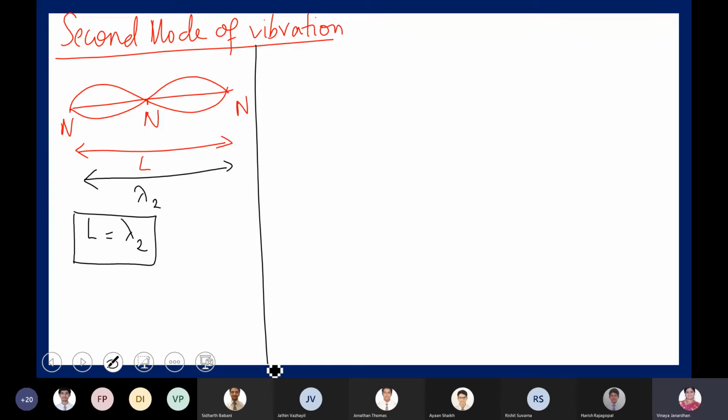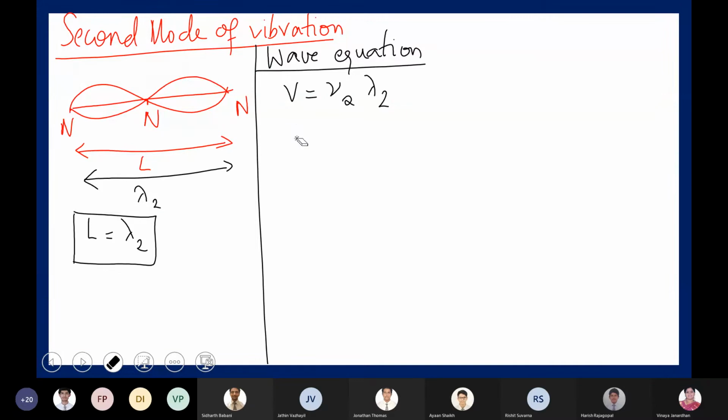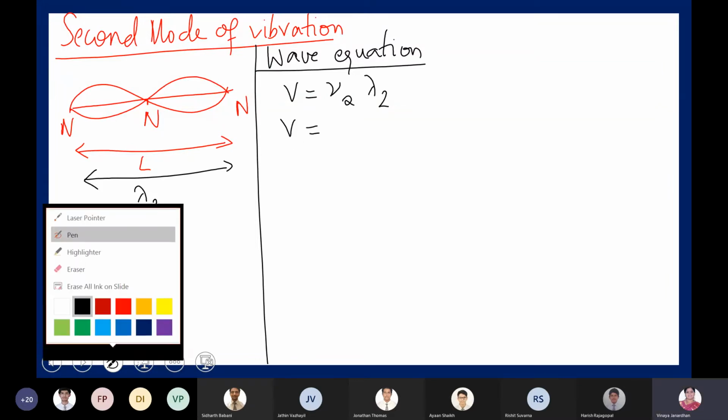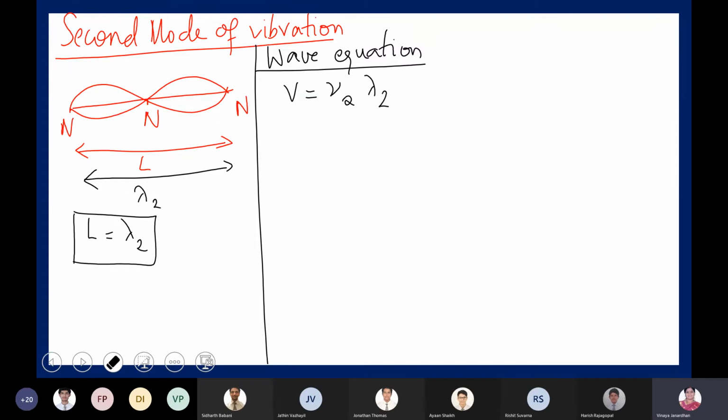So, okay, fine. What is the wave equation? V is equal to nu 2 lambda 2. Or nu 2 will be equal to V by lambda 2. So let me mark this as equation 1.